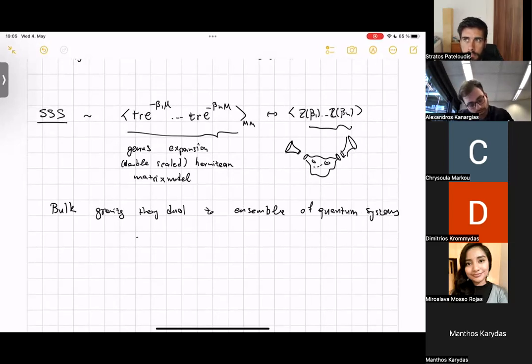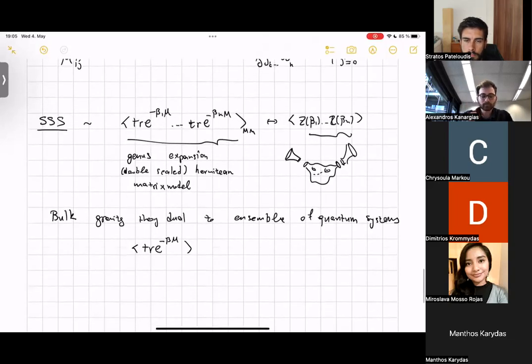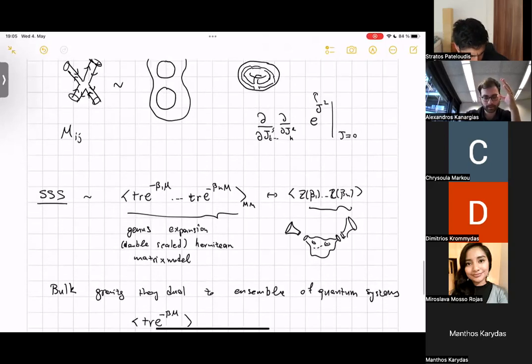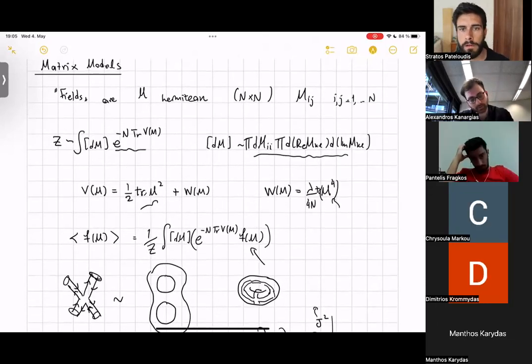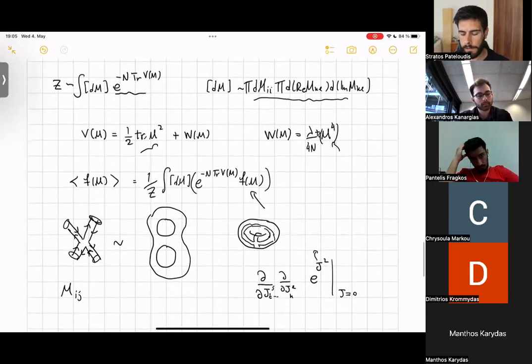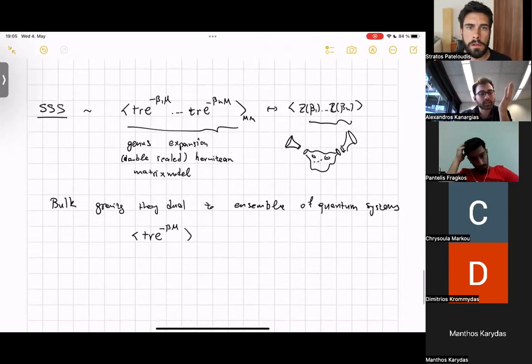We wrote here something like trace e to the minus beta M. You can interpret this, where M is a matrix, as a Hamiltonian, which is random, and the probability distribution of this Hamiltonian as a matrix is this. You see here we have this exponential, e to the trace of some potential. So it has some probability density.